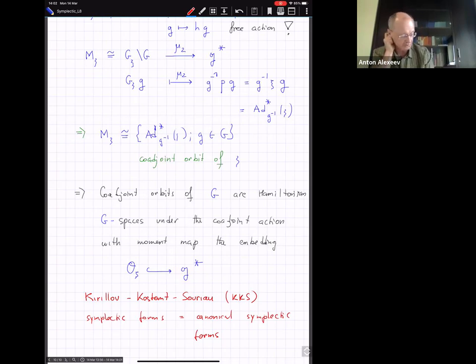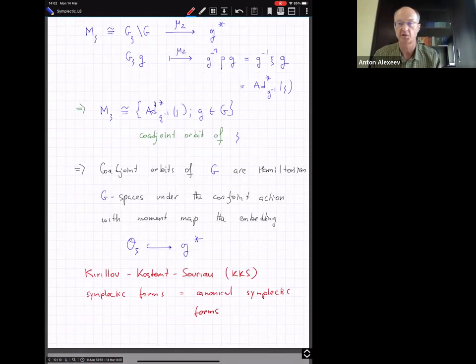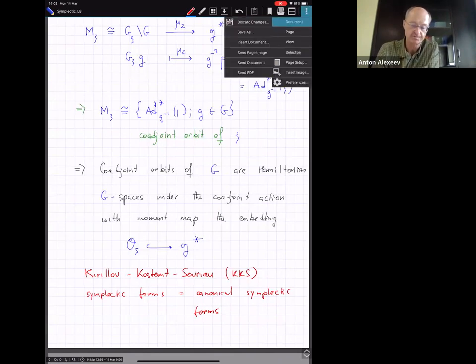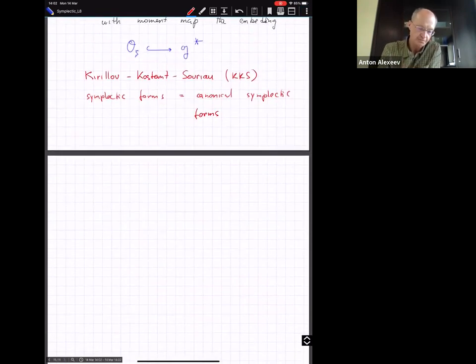So just to tell you that on the one hand, this looks all elementary. On the other hand, in somewhat non-trivial examples, this is still interesting research which is going on. So I want to finish today's class with the following proposition.